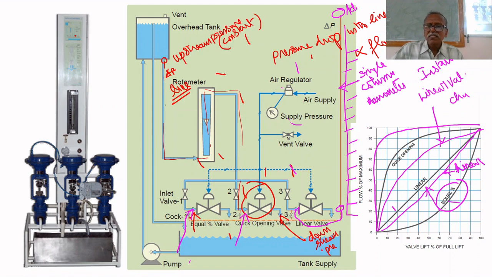So this level must be constant. To make it constant, consider that this water column will be minimum for 100% open. When it is minimum, the pressure drop in the line must be maximum.